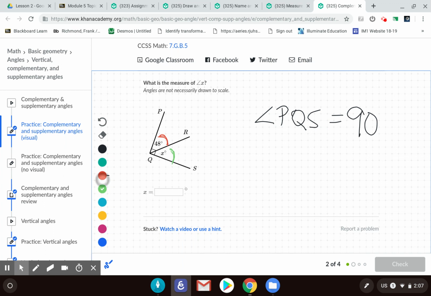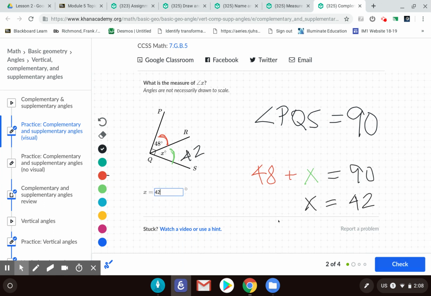So I know that my PQR, my 48 degrees, plus my X value, we don't know what X is, but we do know that together they're 90 degrees. So I could just subtract the 48 and I'll end up getting 42 degrees right here. This one's 42. Together they add up to 90.